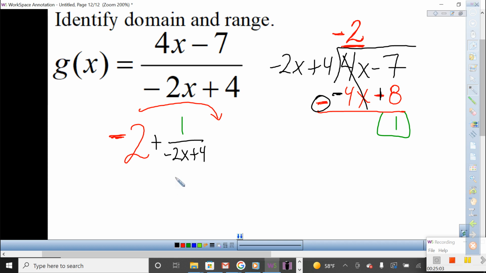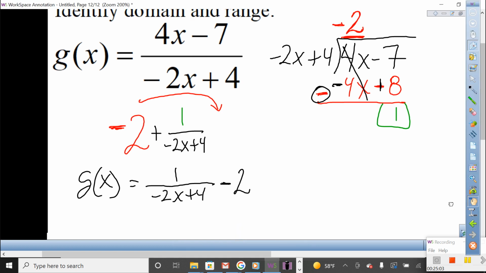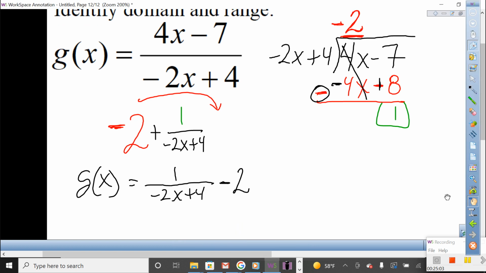So this becomes 1 over negative 2x plus 4 minus 2, and all that equals g of x. Woo, let's go. We good? Yes? All right.